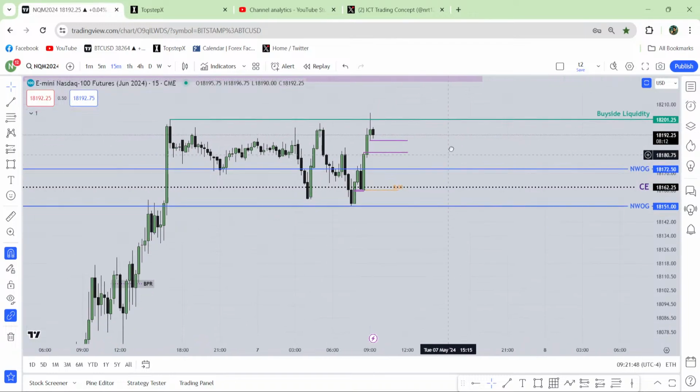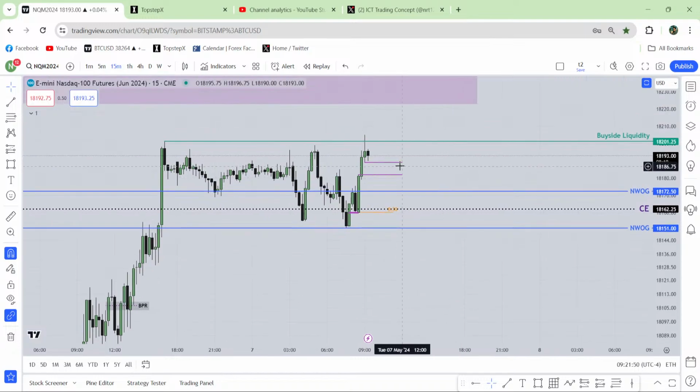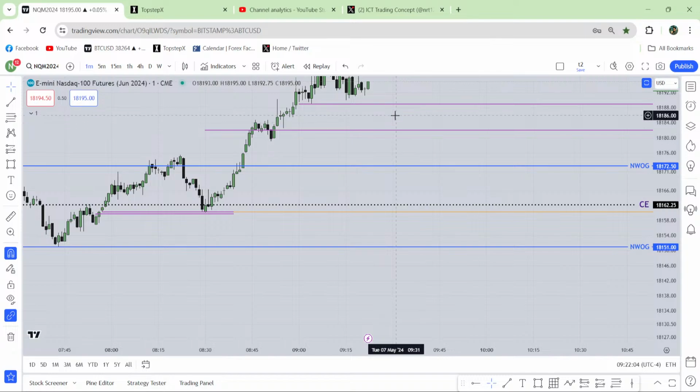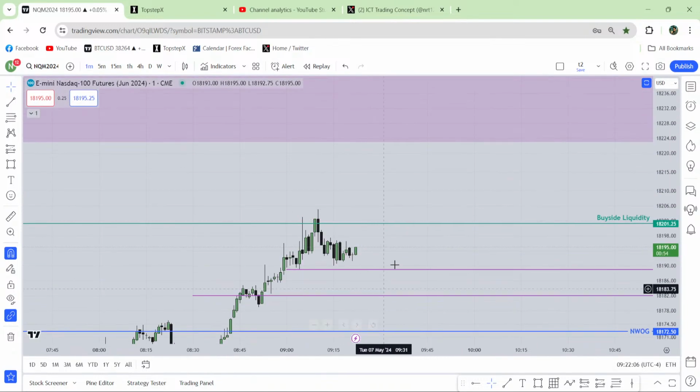Now, as my bias is bearish, still I'll be very careful about this parallel gap and this last parallel gap, or the breakaway gap, because this is the setup from the 15-minute chart. When price is here in this 15-minute parallel gap, I'll be on the 1-minute chart. If I don't see any displacement or market structure shift to the upper portion, then I'm happy to see that.